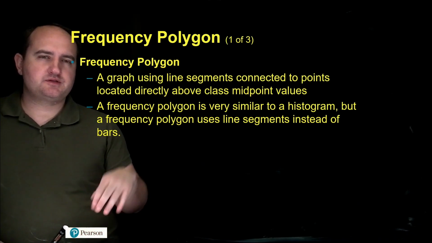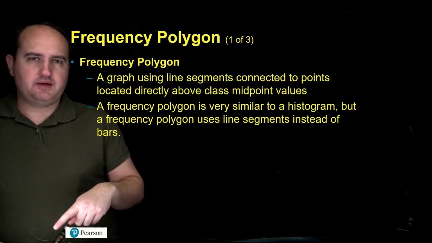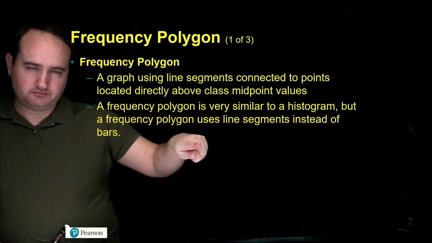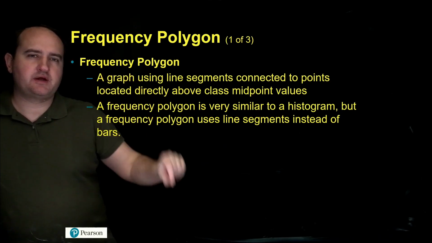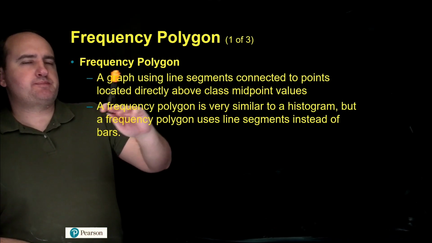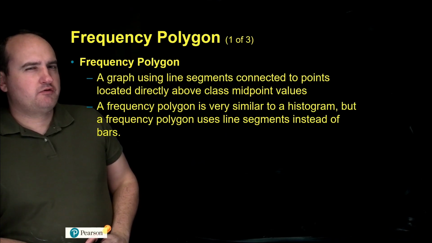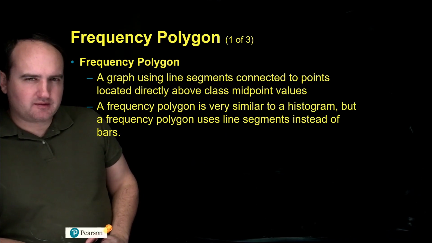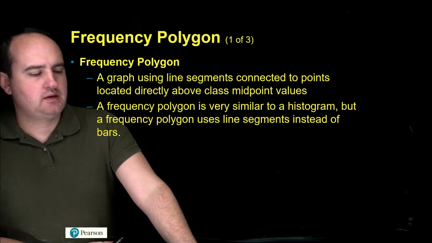A polygon has a certain number of sides, but it's not a circle, okay? Each side connects to another side via a vertex, okay? So a frequency polygon is kind of the same idea as a polygon from geometry, but not exactly, because we're not seeing triangles and squares.